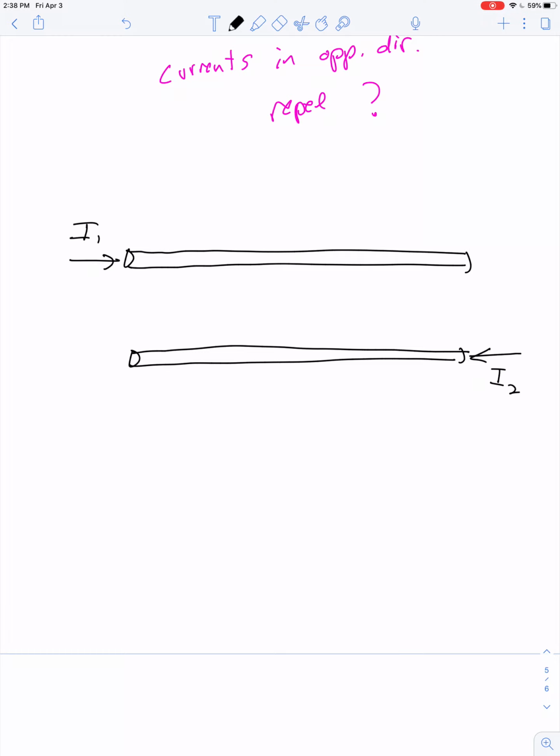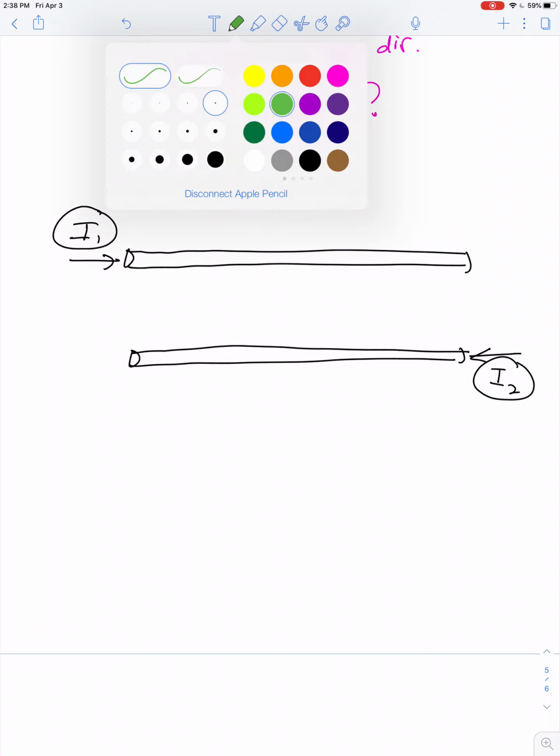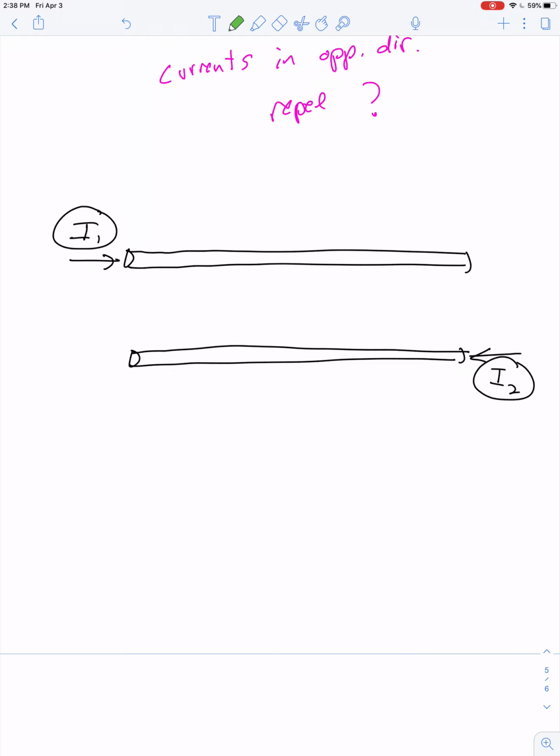So which way do you want to think of this? Is current number 1 creating the field and current number 2 responding? Let's try that approach. So we need to determine what's the direction of the magnetic field in the vicinity of wire number 2 if that field was created by the current in wire number 1.